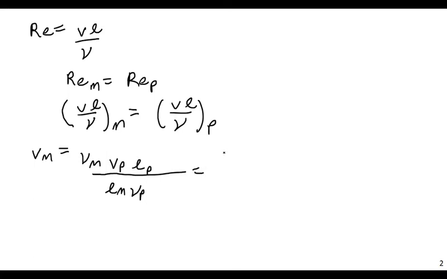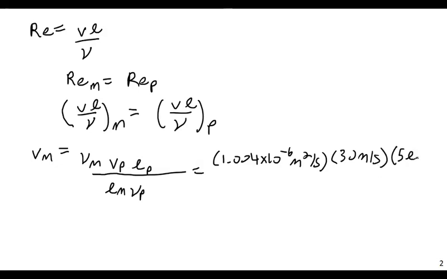Okay, so now it's simply a matter of substitution. 1.004 times 10 to the negative 6 meters squared per second times 30 meters per second times 5 times Lm. So I don't know the exact length of either of these things, but the fact that I know the ratios is good enough.